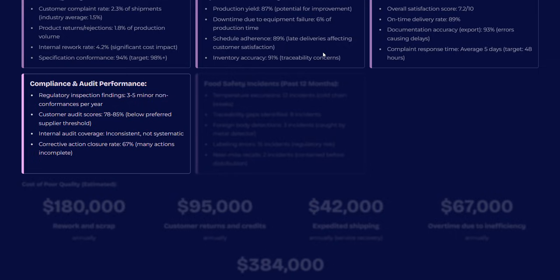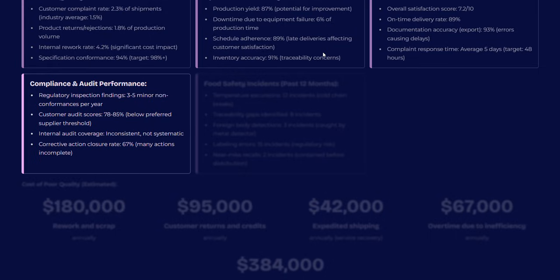Compliance and audit performance right now for our case study organization. Regulatory inspection findings are averaging 3 to 5 minor non-conformances per year. Customer audit scores are at 78 to 85%, which is below the preferred supplier threshold.